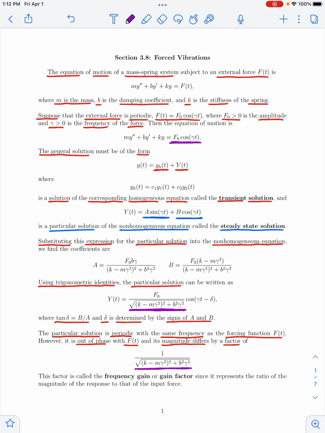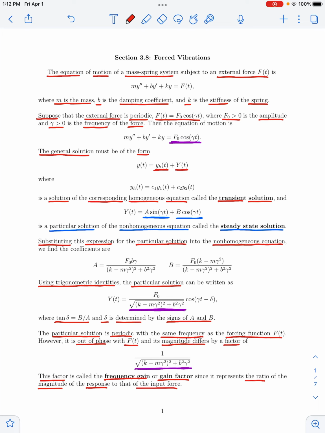So this factor that they differ by is referred to as the frequency gain, or gain factor, since it represents the ratio of the magnitude of the response of our system to that of the input force.